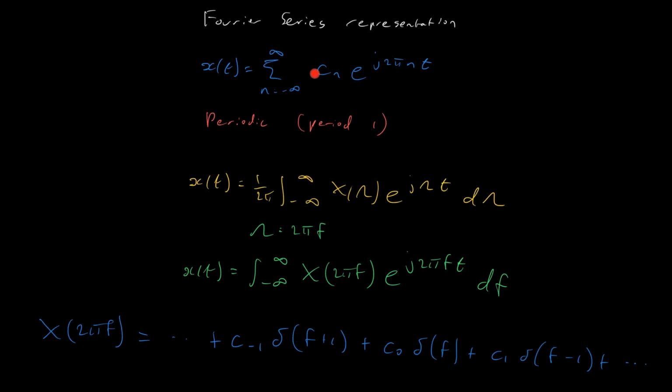In one direction, we see that a periodic signal x of t has this sampled-like or comb-like structure in the frequency domain. In the other direction, we know that if we start with an arbitrary signal and look at its Fourier transform and then sample it in the frequency domain by keeping only the values of its frequency content at uniformly spaced samples, then the inverse Fourier transform of this sampled version is going to be a periodic signal.